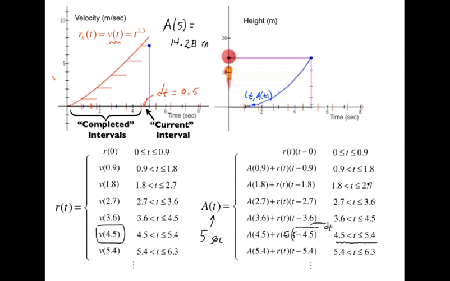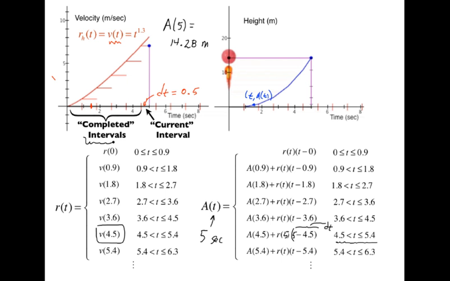But this is called a recursive definition. It's using all the accumulated change in all the previous intervals to build the next interval, the current interval, right? So in any particular line, it's building the total accumulated change for the current interval, this part, plus all the change for the completed intervals. So that's what we talked about, right?